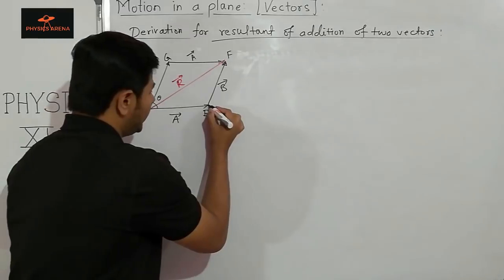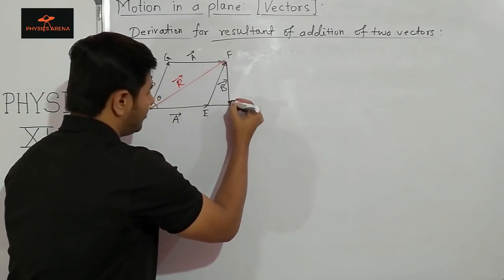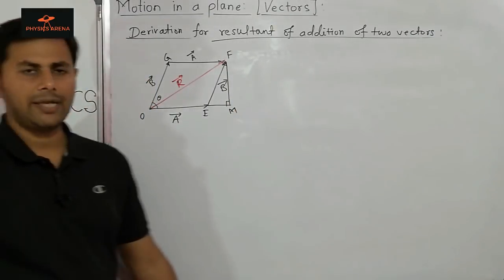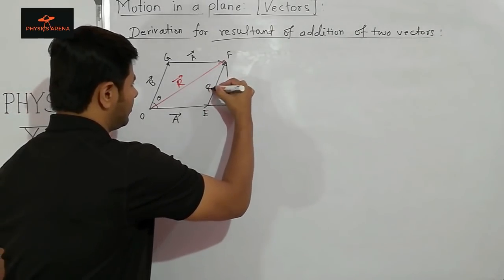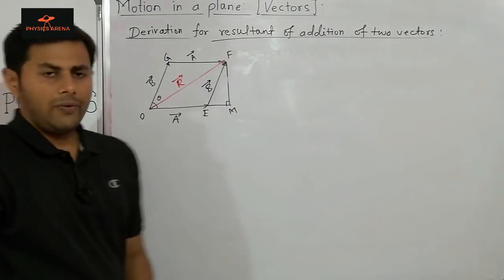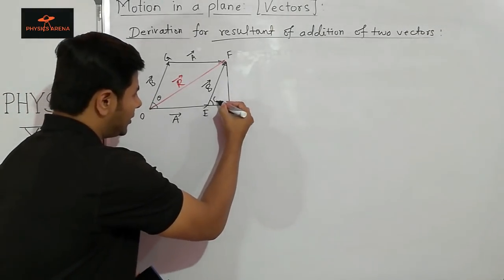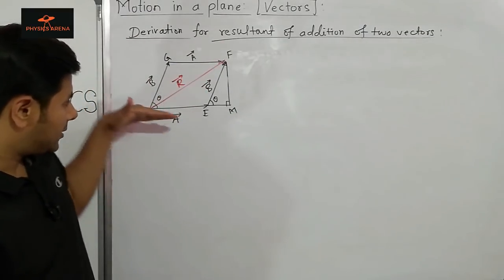We use this trick. We extend this line and draw a perpendicular from here. Suppose it meets at this point. Let's call it M. This is B bar. Now this angle is theta. So this angle should also be theta, because these are parallel lines and this is an intercept.